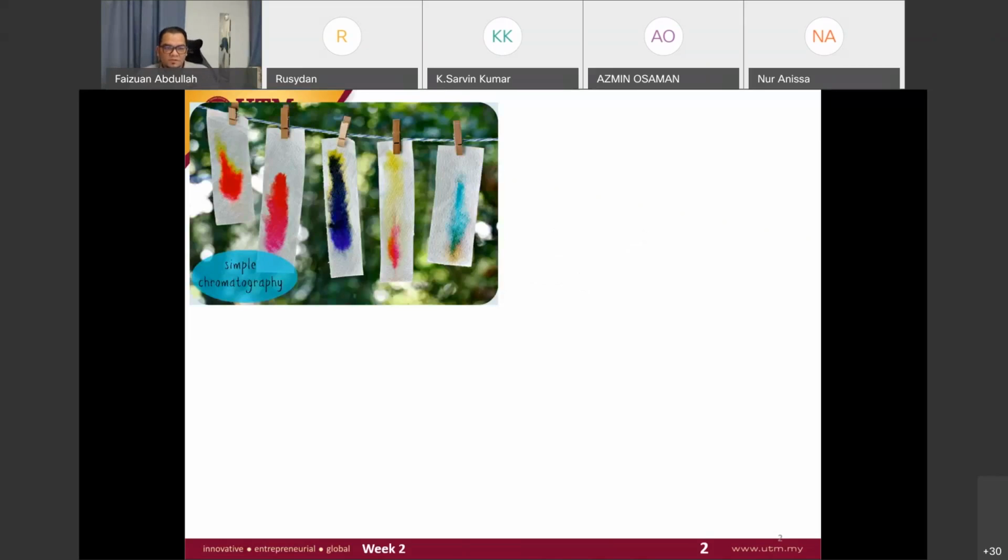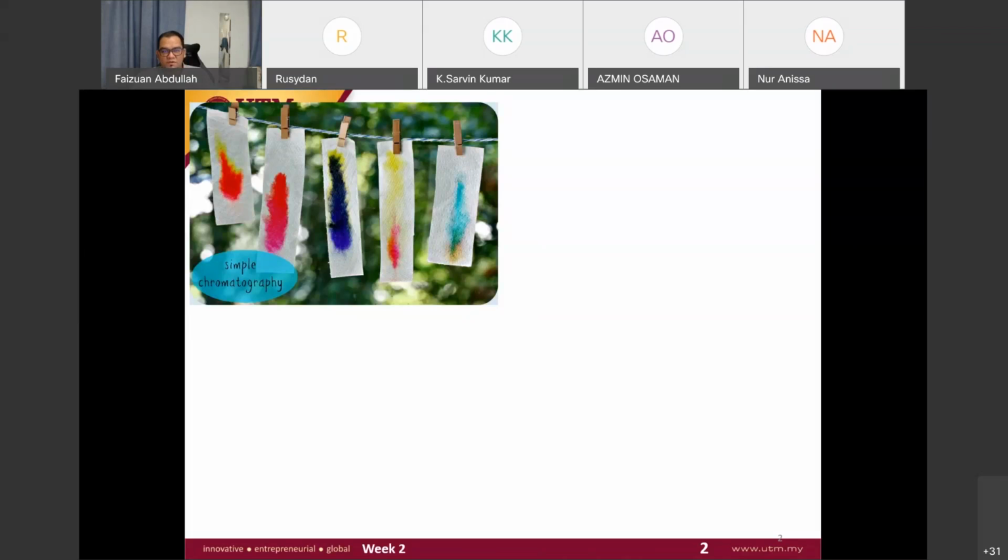Okay, so you cut a piece of tissue. I want to give a simple assignment for you guys for today, and then you will show me the proof just in the WhatsApp group. You cut a piece of tissue and then you put any solution that has colors.